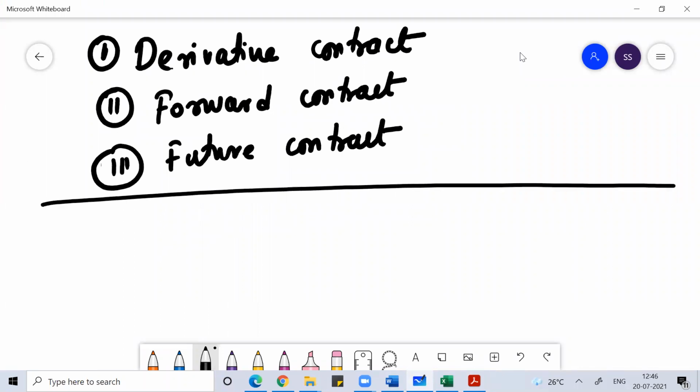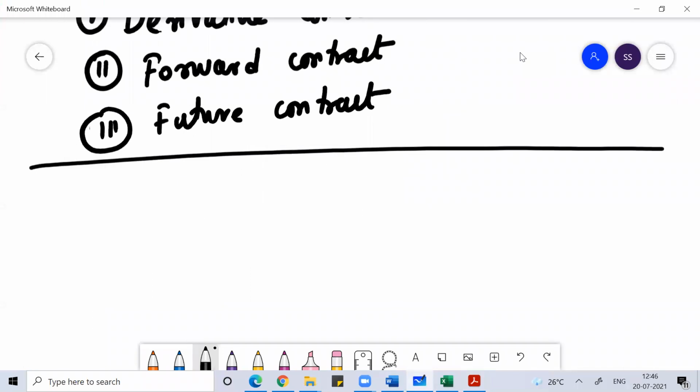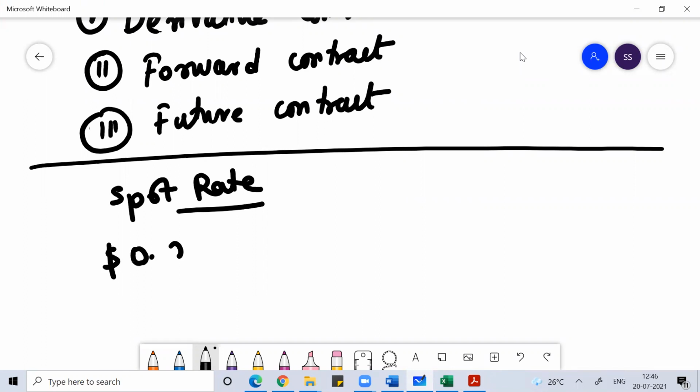If I show you an example of an exchange rate, it is written as the dollar rupee value, euro dollar rupee value. Maybe this is the spot rate. Spot rate means the rate at which you can transact right now in the currency. Maybe it is given like this: 0.02479/81. This is the spot rate.